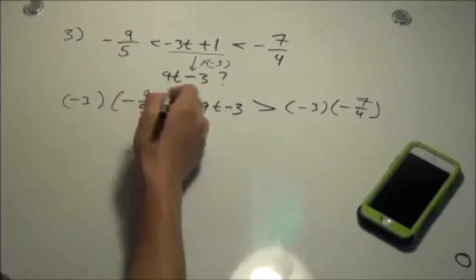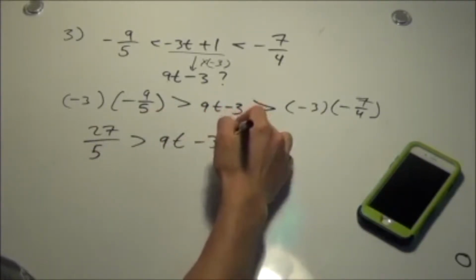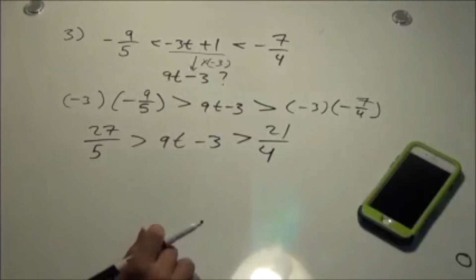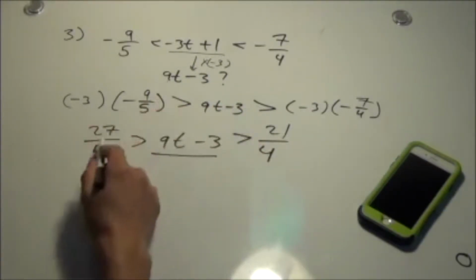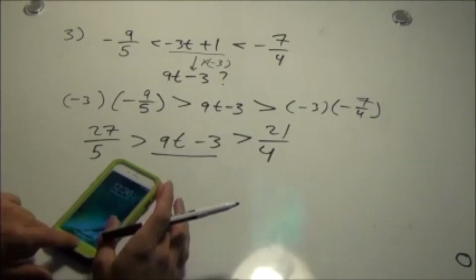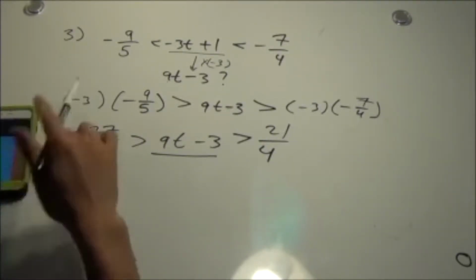Then we can multiply this out: 27 over 5 and 21 over 4. Now we have this, and we just have to pick some number to grid in that's between these two fractions. So we can punch those numbers into our phone or your calculator.